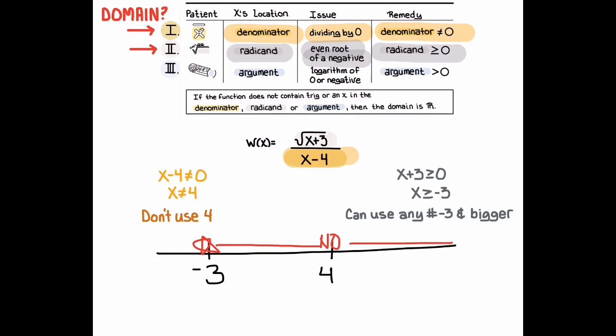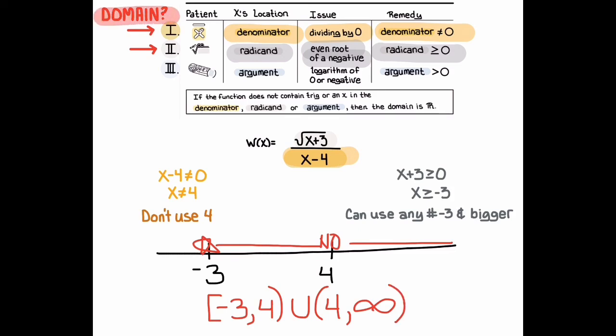But we can't use 4, we've got to remove the 4. So let's record it in interval notation, so bracket negative 3 because we're including that. And we're going to use all the numbers until we get to the number 4. We're leaving out 4 by putting a set of parentheses there and then going through infinity.